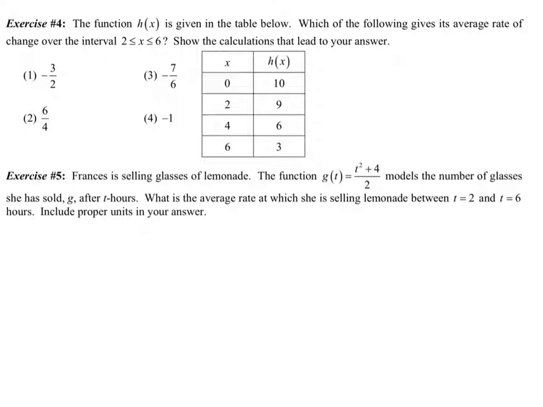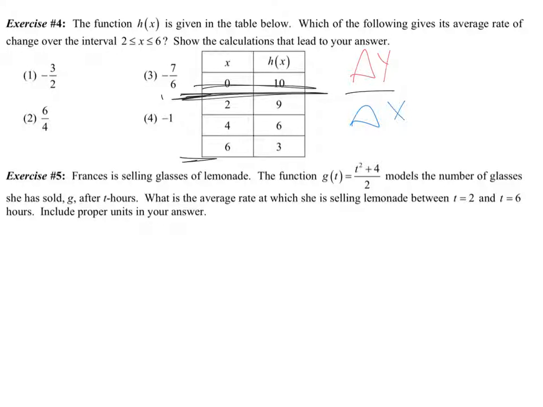So we're going to look at the next one. Function h of x is given in the table below. Which of the following gives its average rate of change? They give you the interval, so we're looking from just 2 to 6. So we're ignoring the 0 and 10. So change in y over change in x.